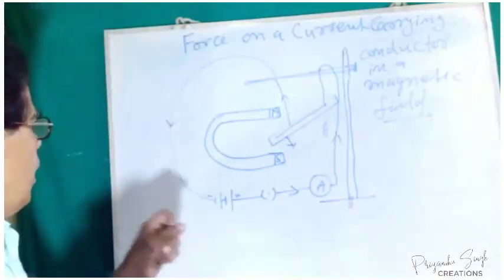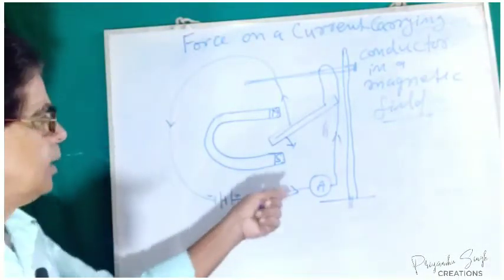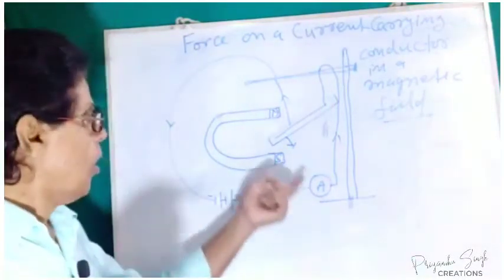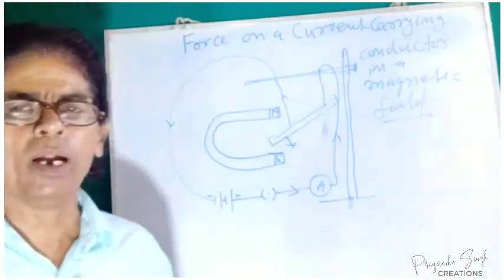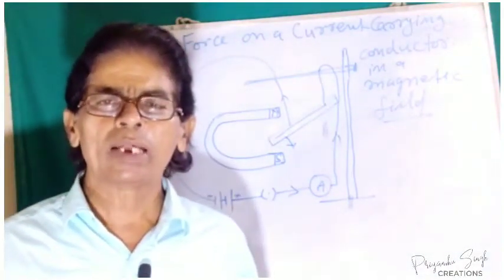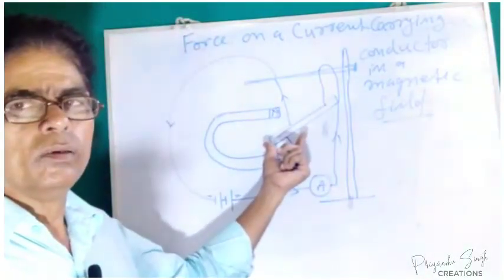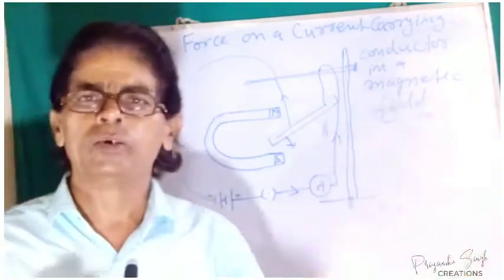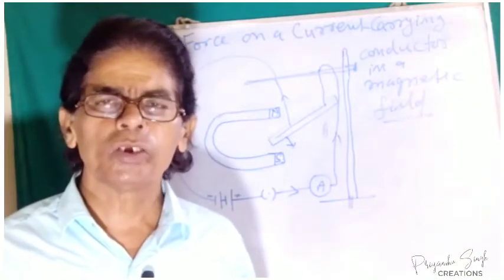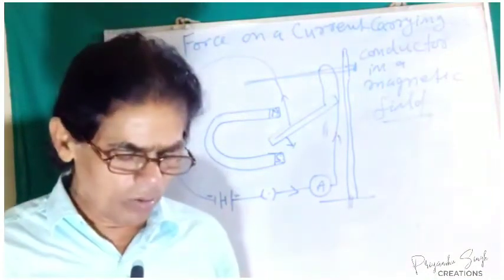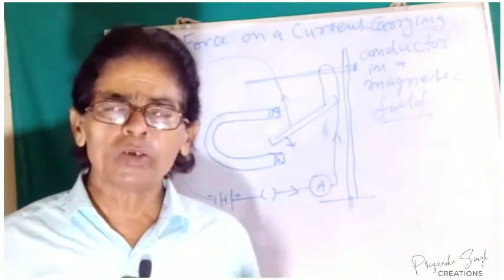So either we change the direction of electric current or the direction of magnetic field, the deflection in the aluminum rod gets reversed.